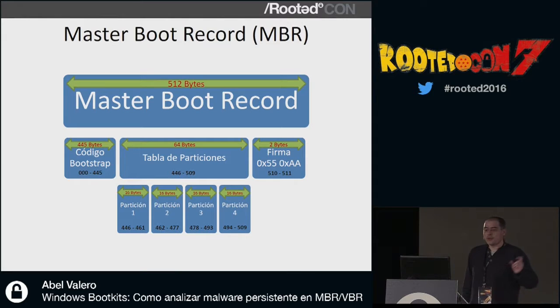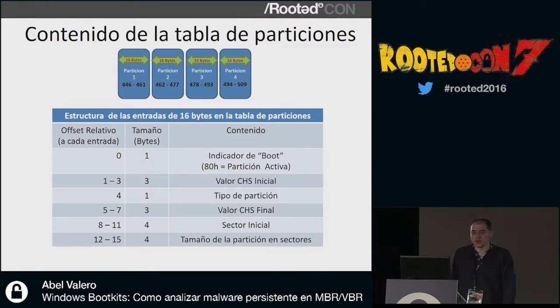The master boot record contains an initial part, which is code, then the partition tables, and finally the signature 0x55 0xAA. This takes up 512 bytes, and the remaining information is in the respective partitions.